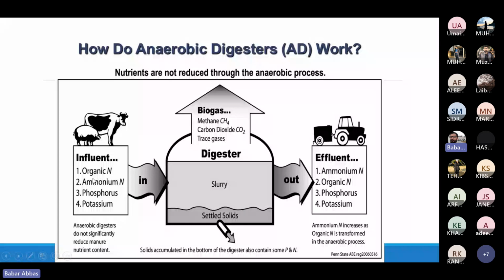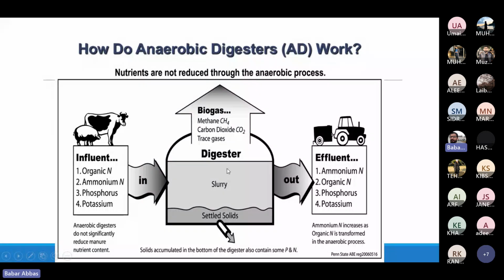These are the organics which are being fed to this digester. And this can be the cow dung material, which is having all these things in it. And then it is being sent to the anaerobic digester, where it takes some time and the products are methane, carbon dioxide, and trace gases. These are collected for the effective utilization.